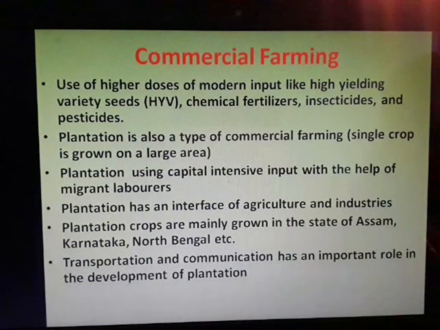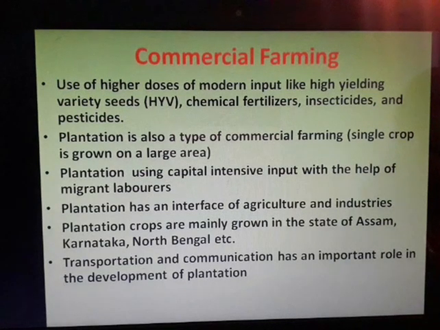Then the third category, that is commercial farming. Here the concentration of farming is done more explicitly to earn huge profit. In order to earn huge profit, they use high doses of modern inputs like high yielding variety seeds, that is HYV seeds, then chemical fertilizers, insecticides and pesticides.